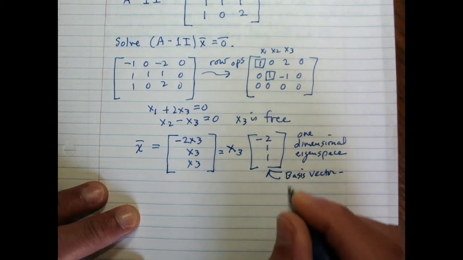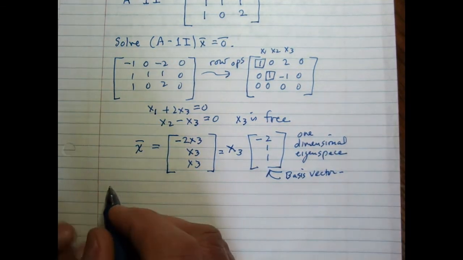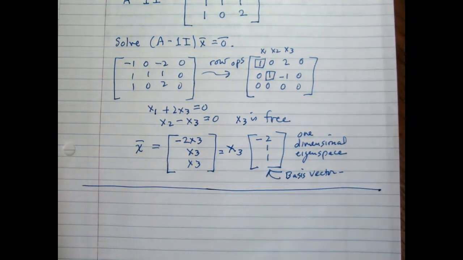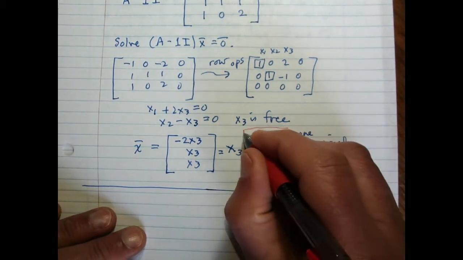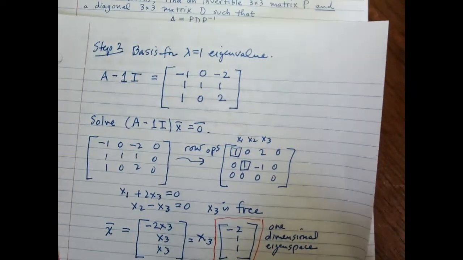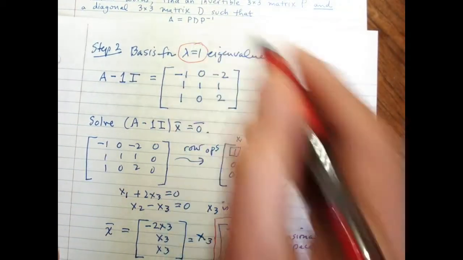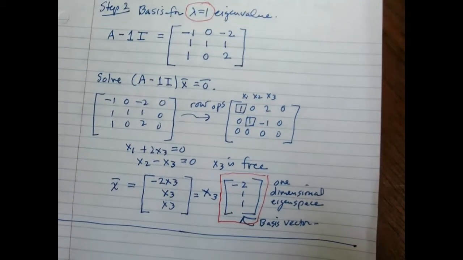In fact, (negative 2, 1, 1) is an eigenvector corresponding to the eigenvalue lambda equals 1, and it is actually a basis for the eigenspace. This is the vector we're going to pluck off in a little bit. We've got to remember that we got that. That's our basis vector for the lambda equals 1 eigenspace.